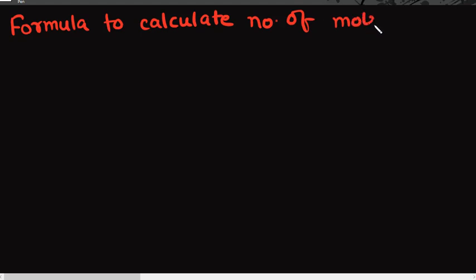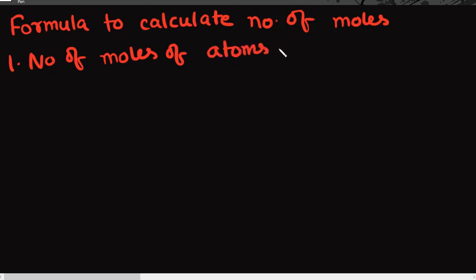Number 1 is the number of moles of atoms. This can be calculated by weight in gram divided by the atomic mass.